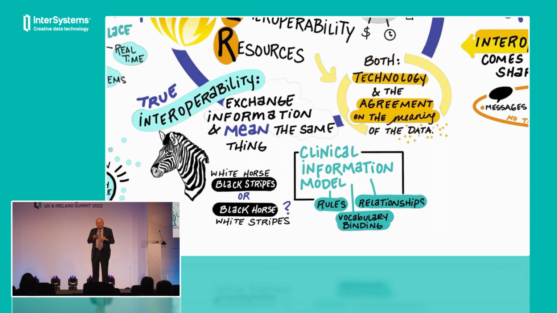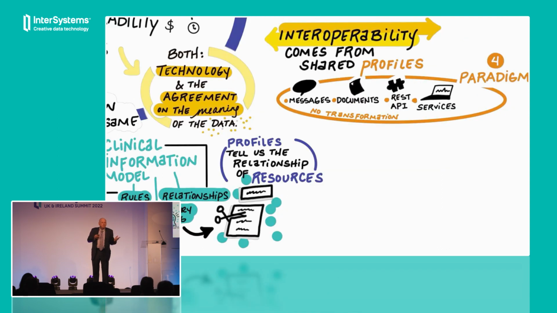So that's starting to sound like a FHIR profile, and in fact, that's exactly what a FHIR profile is. It's an implementation of one of these detailed clinical information models.